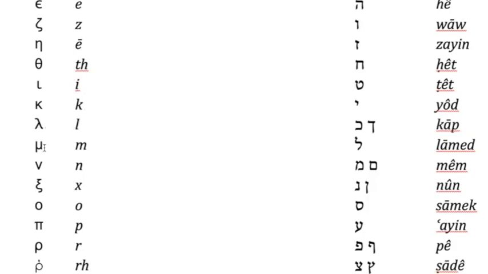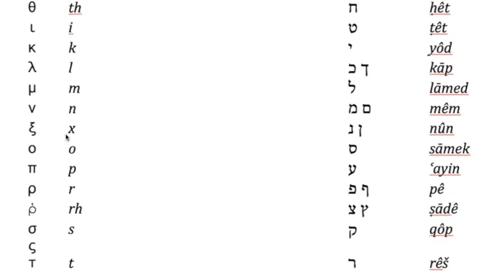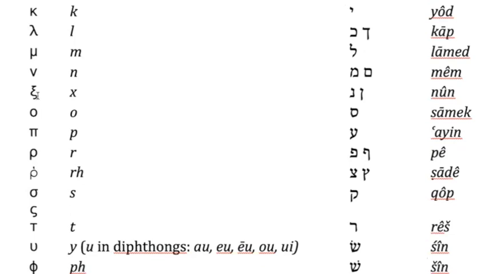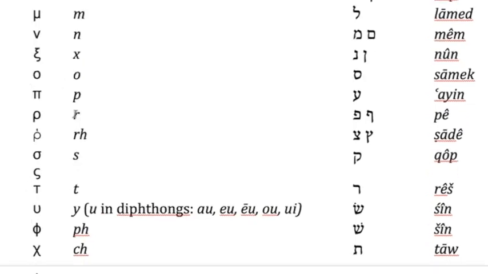A mu kind of looks like an upside down M. A nu, that looks like a V, so don't get confused about that, but that's actually an N sound. This one's a little hard to pronounce. It's called a xi, and it makes the sound of an X. The Omicron is exactly the same in both languages.